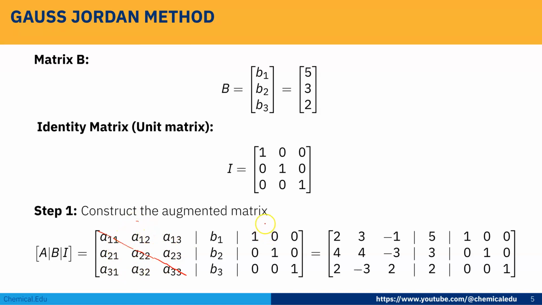So automatically the identity matrix will transform to the inverse matrix, and this B will transform and give the solution of the system of equations. Now we have to solve this. First it is like the Gauss elimination method, but we have to do the Gauss elimination on two sides, the lower side and the upper side.